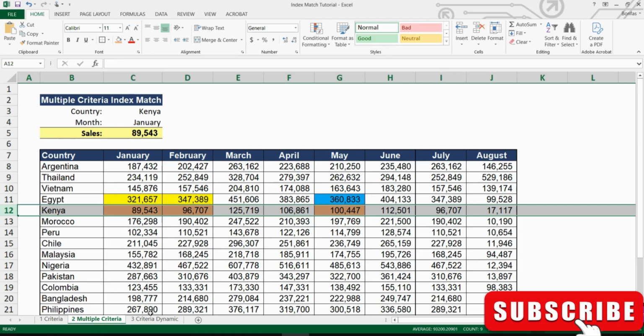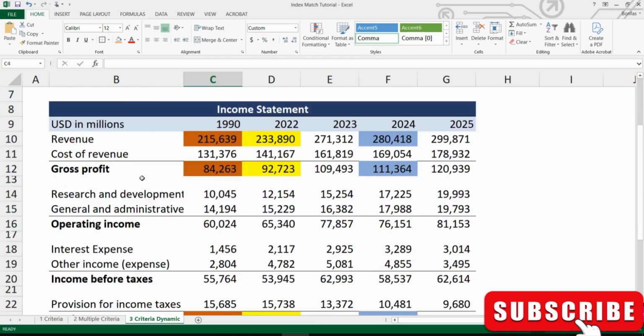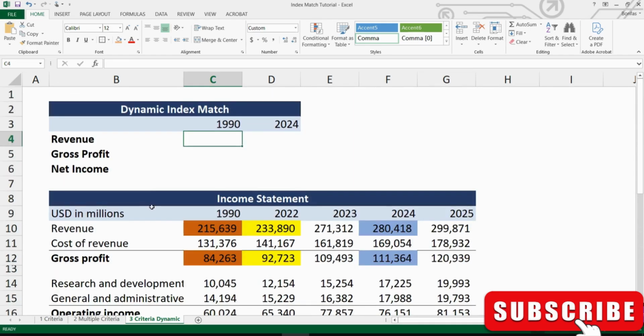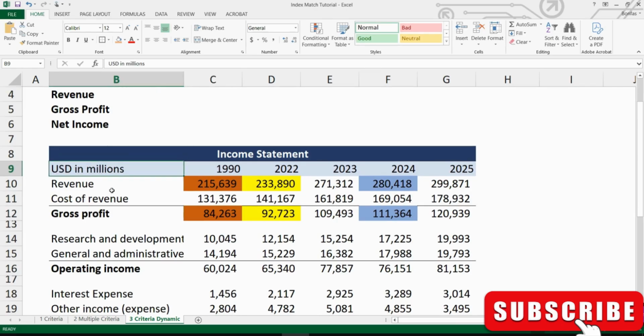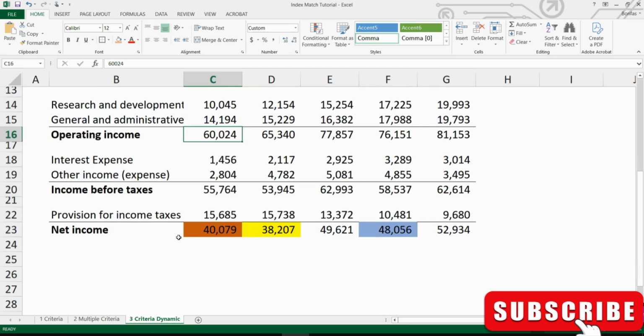Let's dive into our last application for today. So here we are going to make it dynamic. As you can see, we have a table here of profit analysis, where we have in USD the revenue, cost, then gross profit, operating costs, and then the net profit.